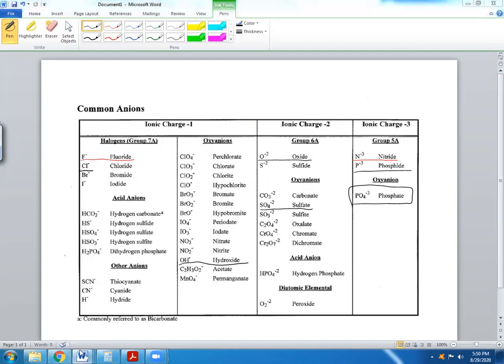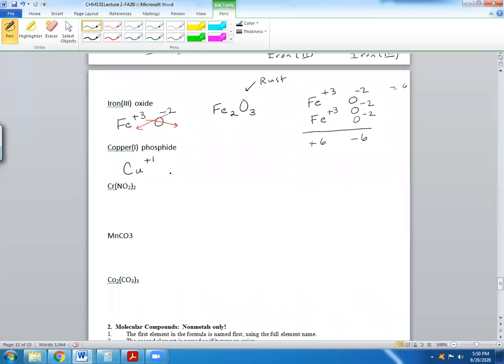P minus 3, or -3. Now again, if they're different, you cross them. So you get Cu3P. Once again, you should probably try to do the longer method so you understand it.